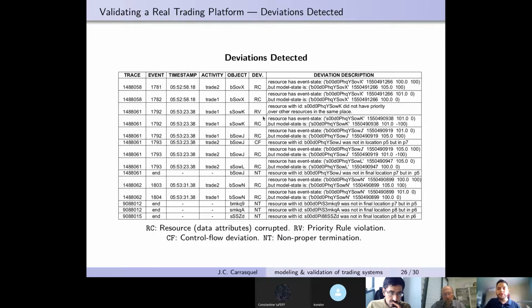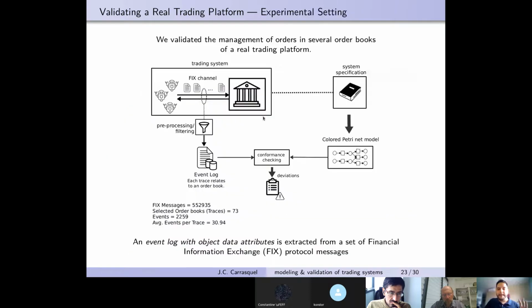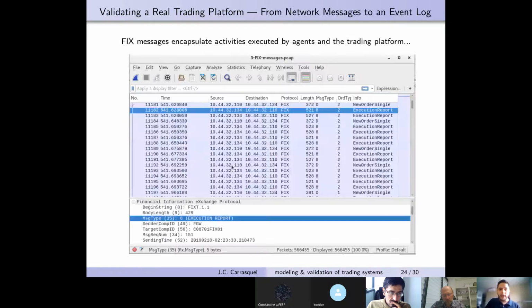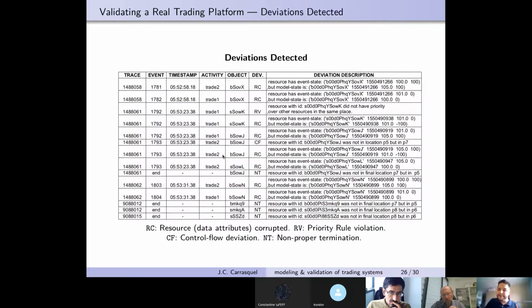So what we did, we have the model and the log. And this is an example of the file of deviations that we can detect. So what can happen? An example. This trace is the identifier of an order book. So what this row is saying to me is that in this particular order book, in this particular event, at this hour, minute and second, in this activity, this object presented the following deviation.